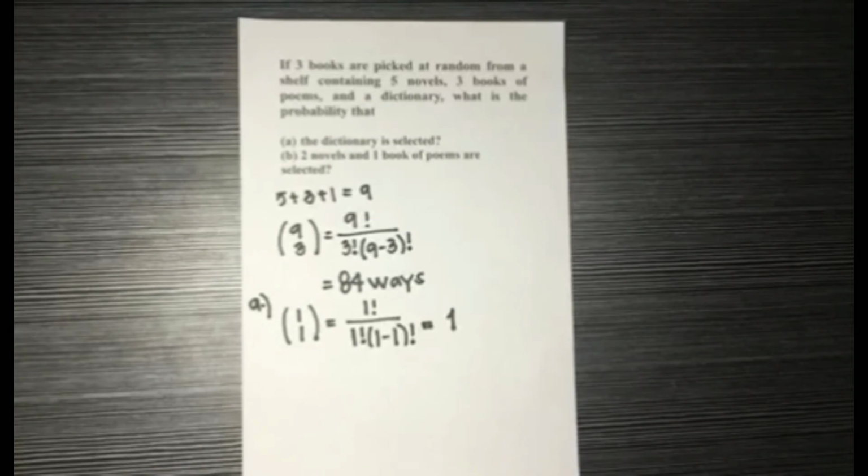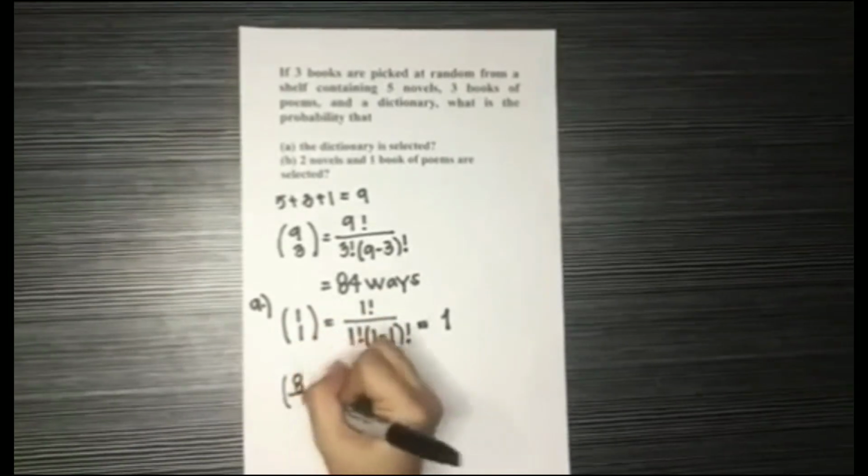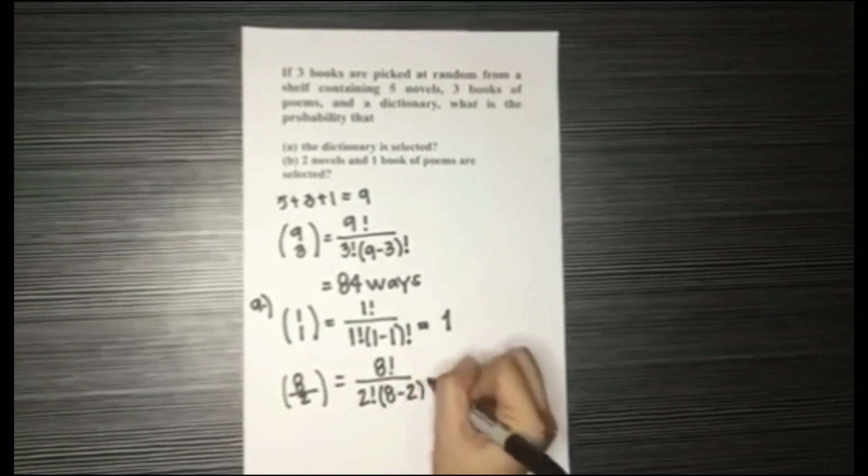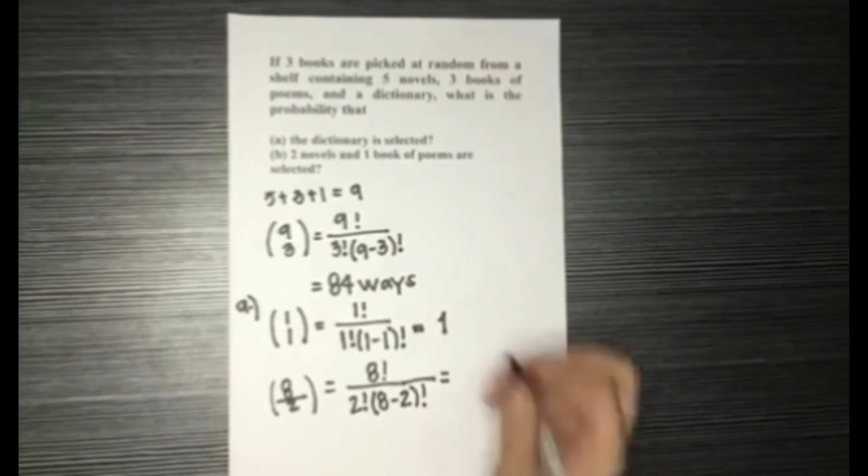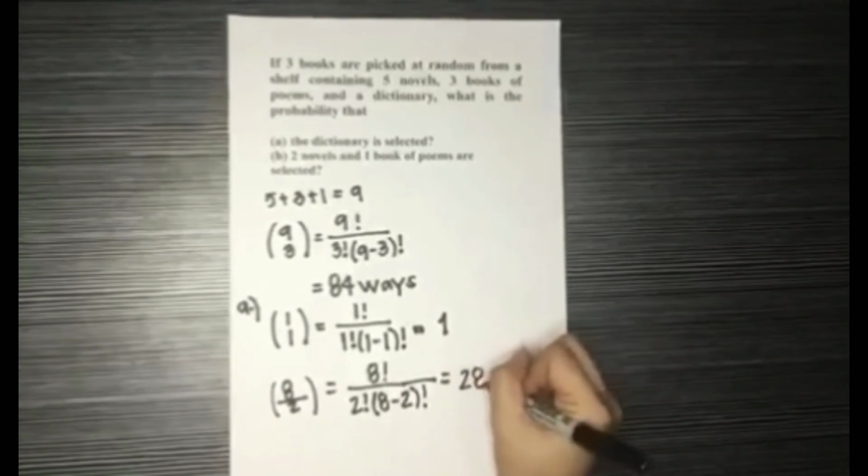The number of ways to choose 2 out of 8 non-dictionaries is 28.